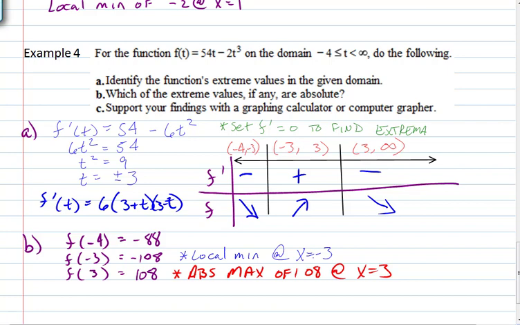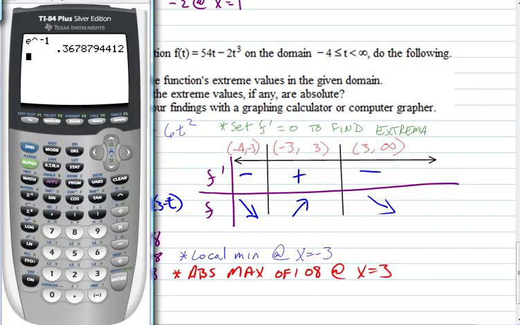Part C says support your findings with a graphing calculator. This is why God gave us calculators. We type in our function, and our function is 54x minus 2x cubed.